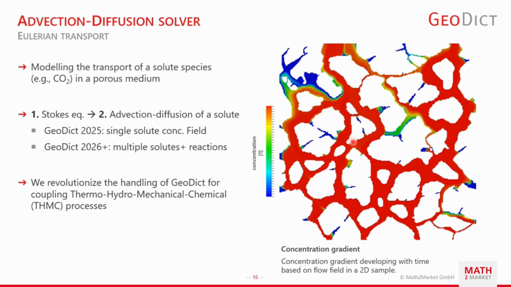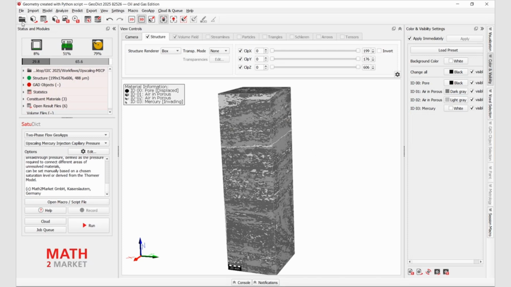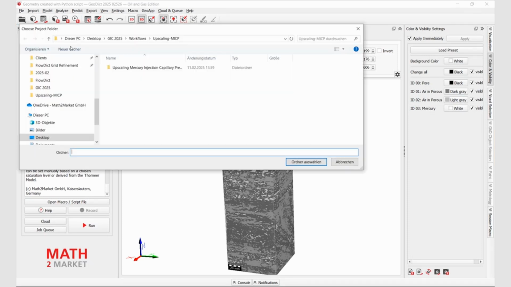The new approach also allows for coupling with thermal or mechanical effects, which is a new feature in the GeoDict module. With that said, I'm gonna jump back into GeoDict to show you how the setup for this actually works.